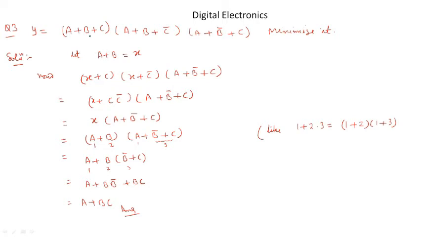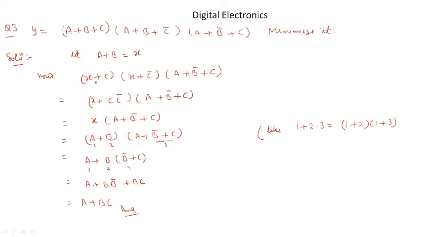Here if you see the first two brackets, then you see that a plus b is common to both the brackets, so we can assume it as, let us say, equal to x. So it will be x plus c bar, and in bracket a plus b bar plus c.